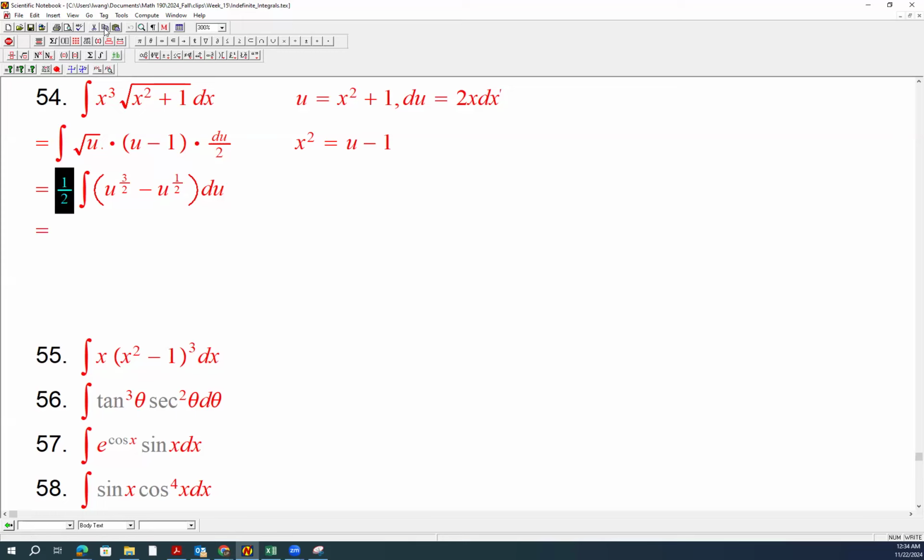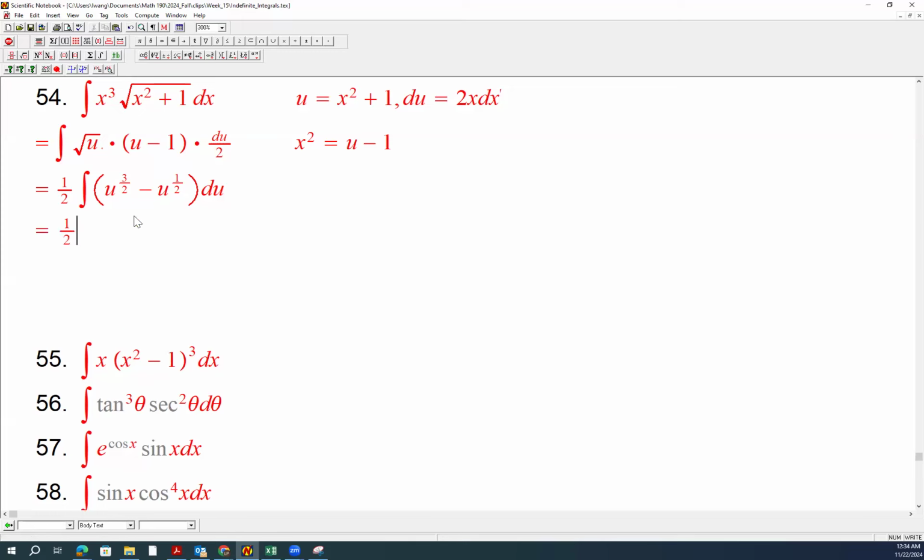Another way to show you the antiderivative: I'm going to put a bracket because we're going to have 2 of those.